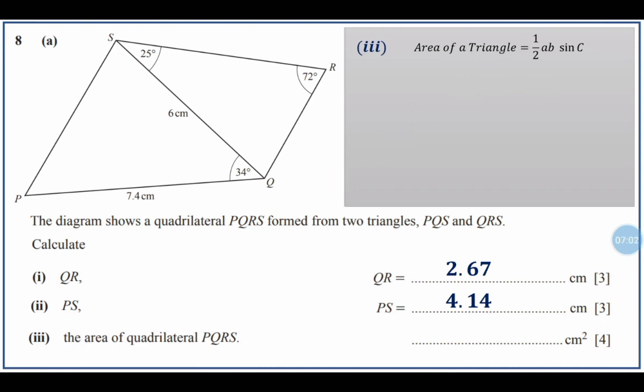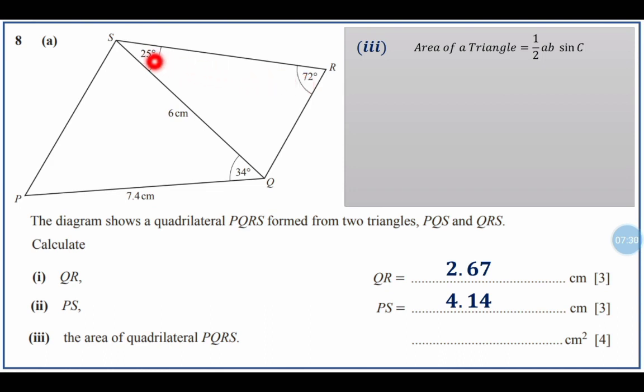So I'll find out the area of this triangle and I'll find out the area of this. What do we mean by ab? A and b are sides that are adjacent to angle C. You study first the first triangle QRS. If I want to find out the area of this, I know that this is 72.